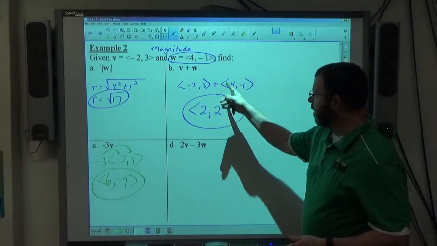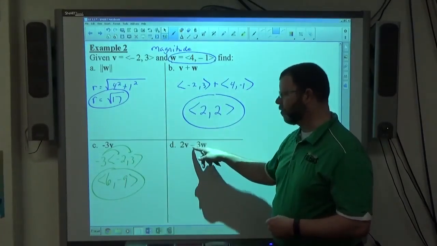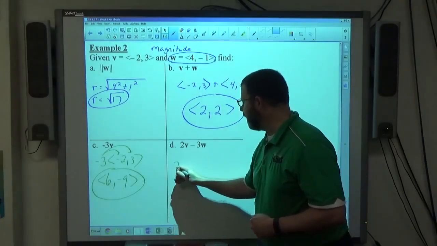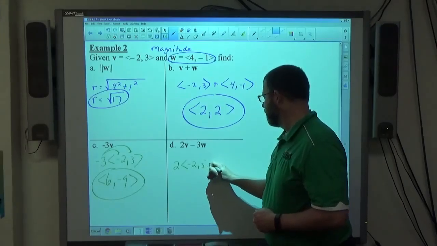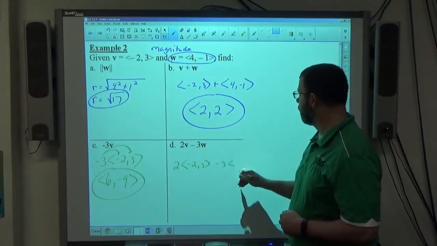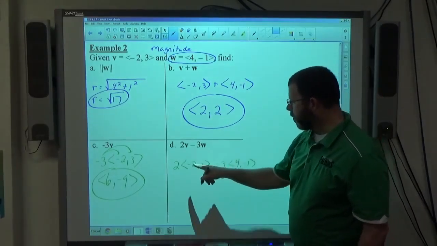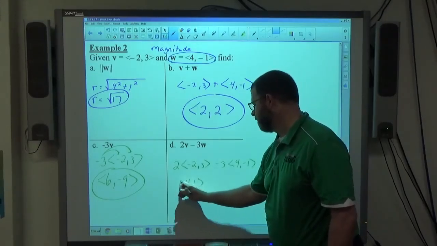And part D combines a little bit of B and a little bit of C. So we got some multiplication and we got some subtraction, which is in the same family as addition. All right. So we look at 2v. That's 2 times -2, 3. Minus 3w, so -3 times 4, -1. I would multiply 2 times both those, so I get -4, 6.